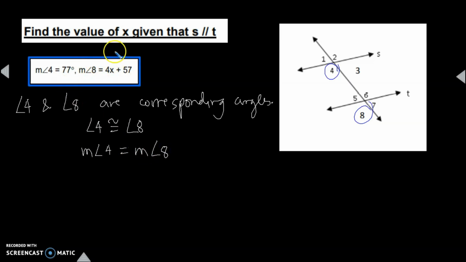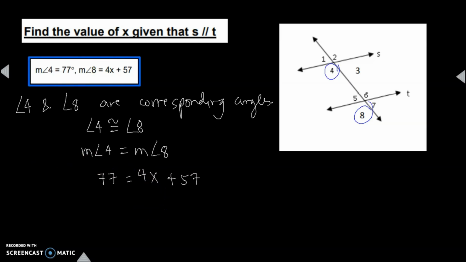Since the measures are given using expressions, we just have to replace. So we have 77 equals 4x plus 57. Unfortunately, we were not able to discuss linear equations yet, but we are going to solve this in a simpler way.